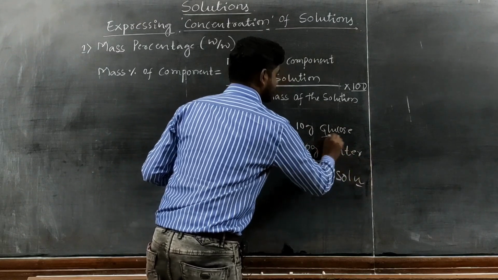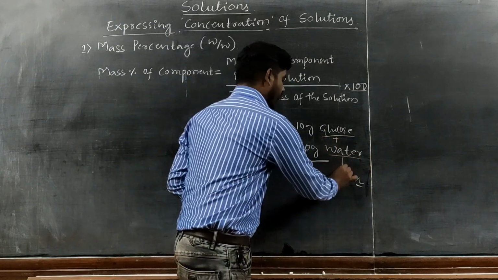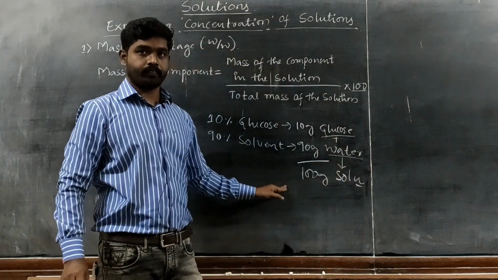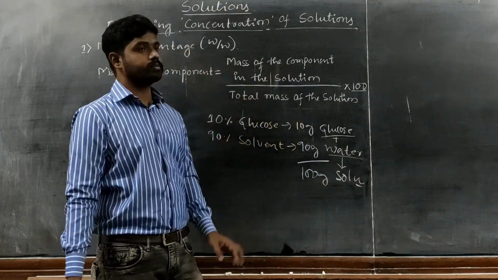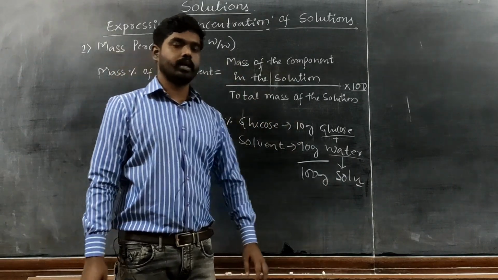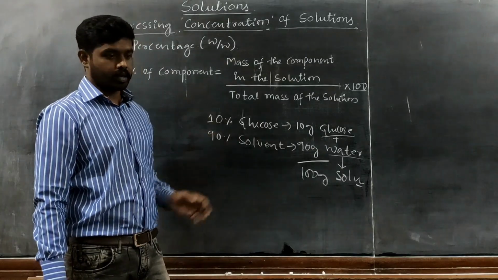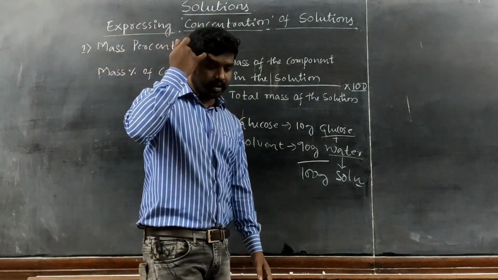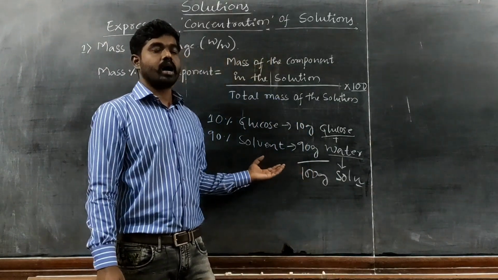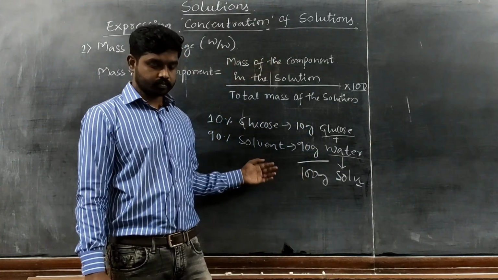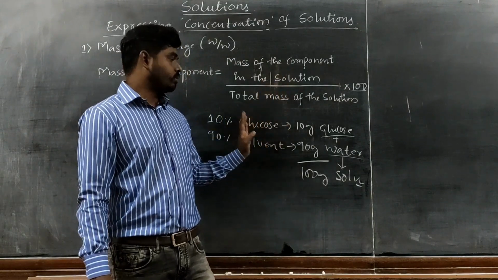Here glucose is the solute and water is the solvent, that will give you a solution. This mass by mass percentage is usually used in industrial applications. For example, bleaching powder contains 3.62 mass percent of sodium hypochlorite in water.